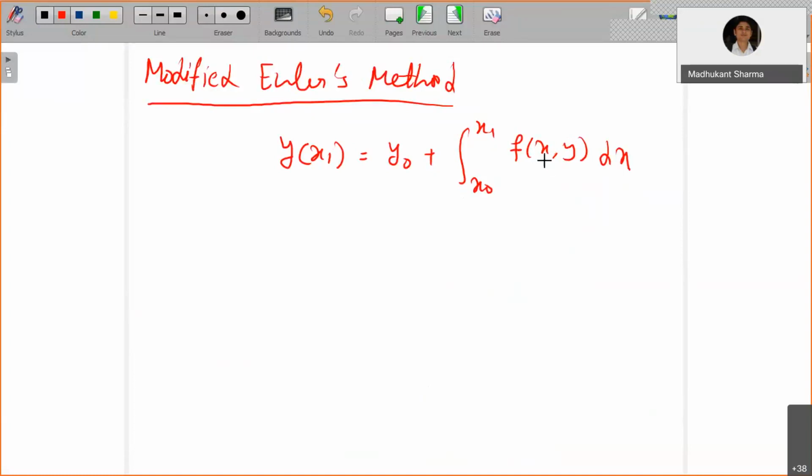What it is constructing is a trapezium. So this is replaced by x1 minus x0, which is the height, times f of x0 comma y0 plus f of x1 comma y1, divided by 2.